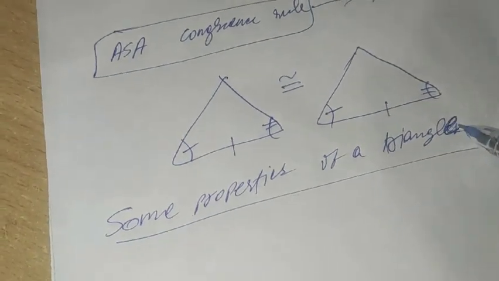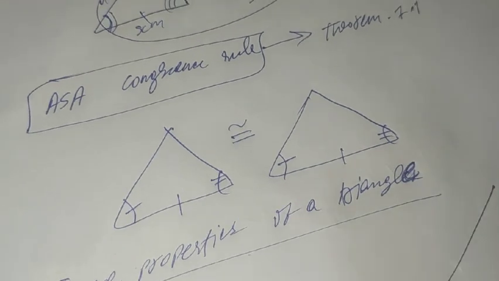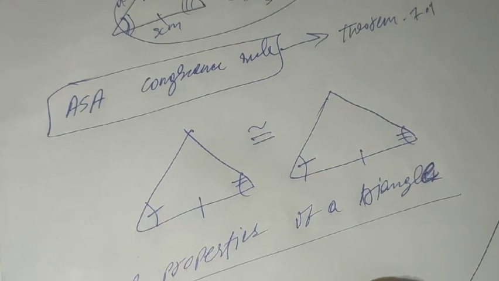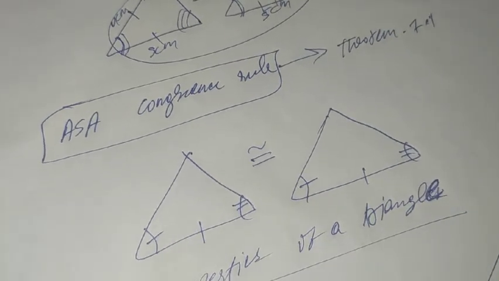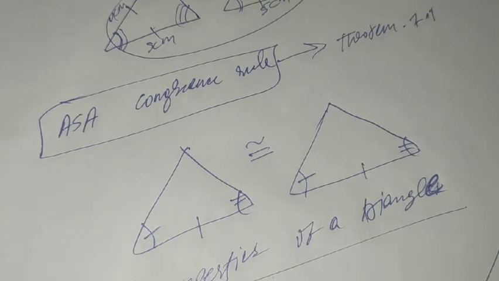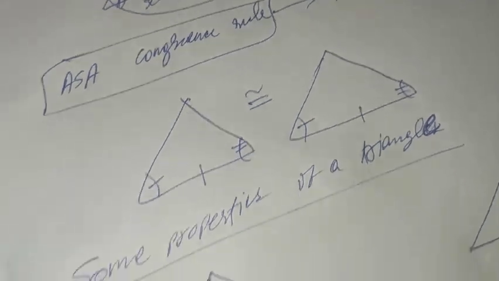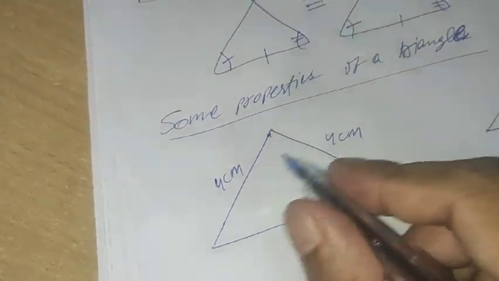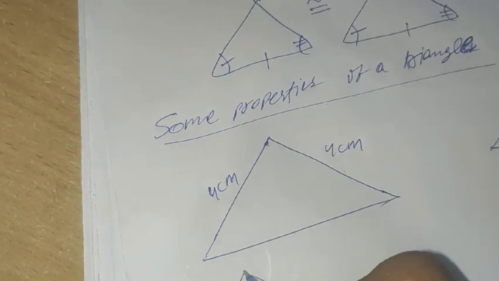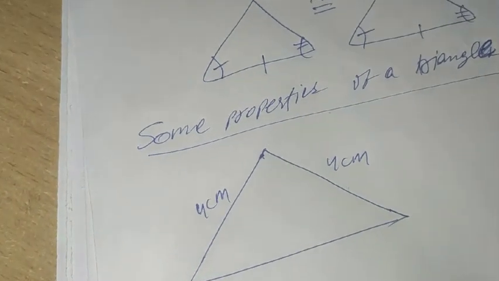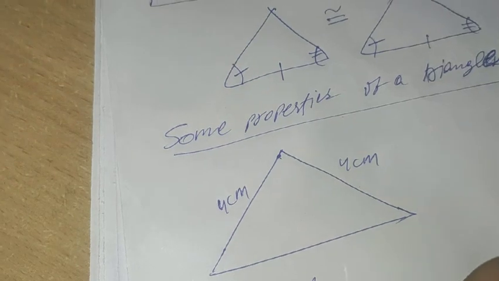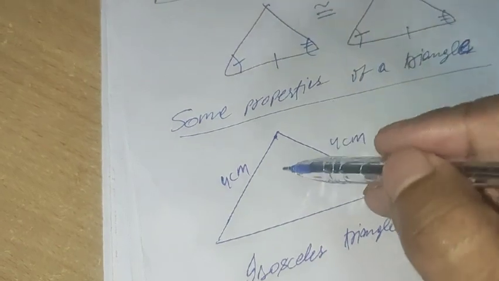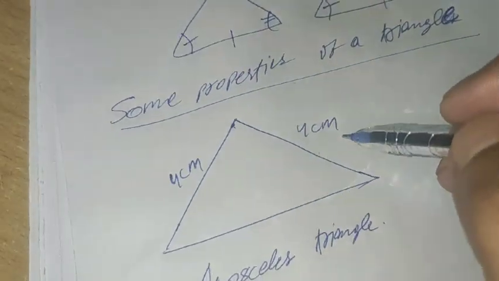For example, in a triangle, if two sides are equal, for example this is 4 centimeter, this is also 4 centimeter, then what do we call this triangle? We call it an isosceles triangle. In an isosceles triangle, two sides are equal.